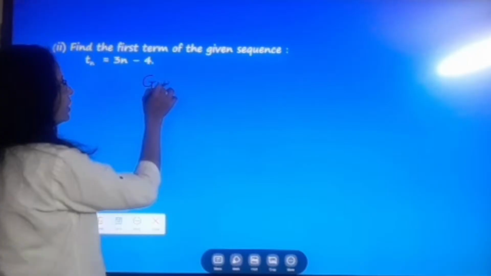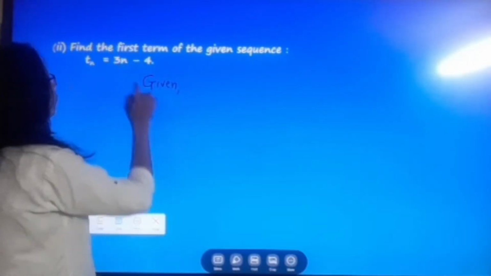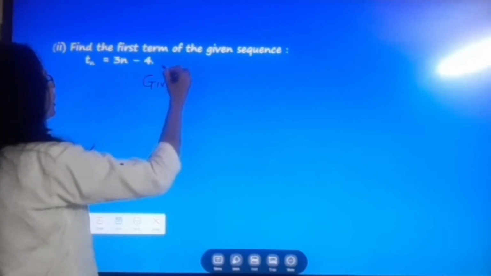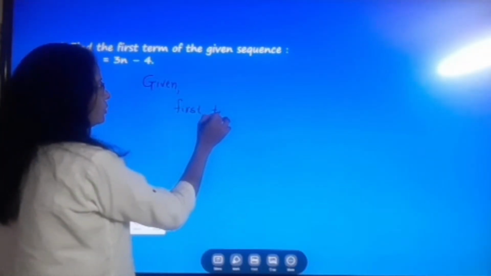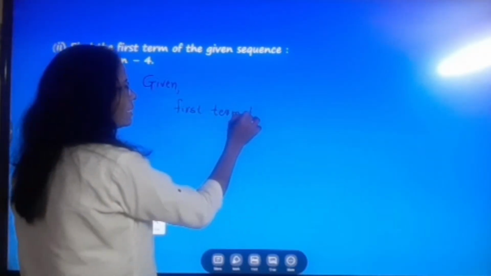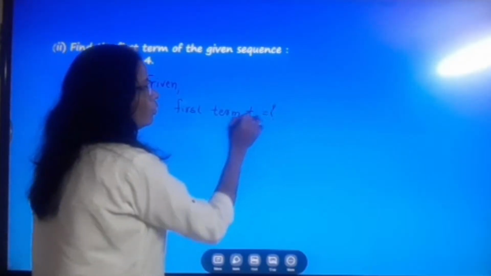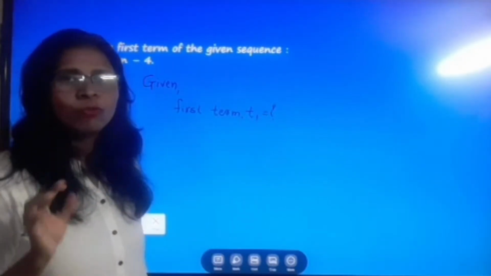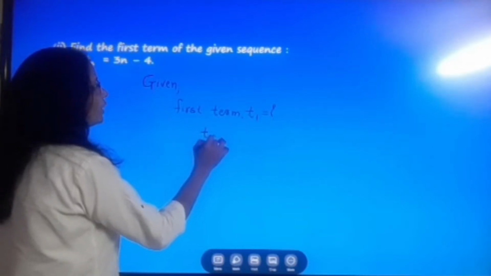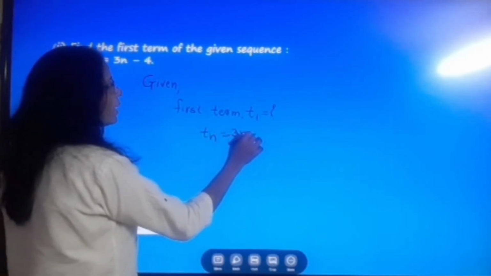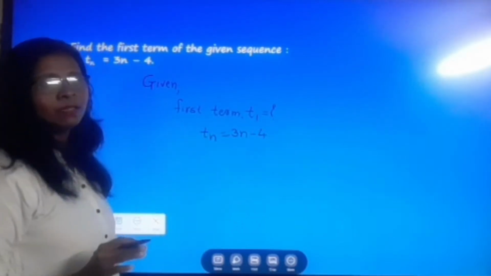In the given, we have to find the first term. To find the first term, which is called T1, I write T1 is equal to question mark. Then Tn is equal to 3n minus 4. This is the given value.